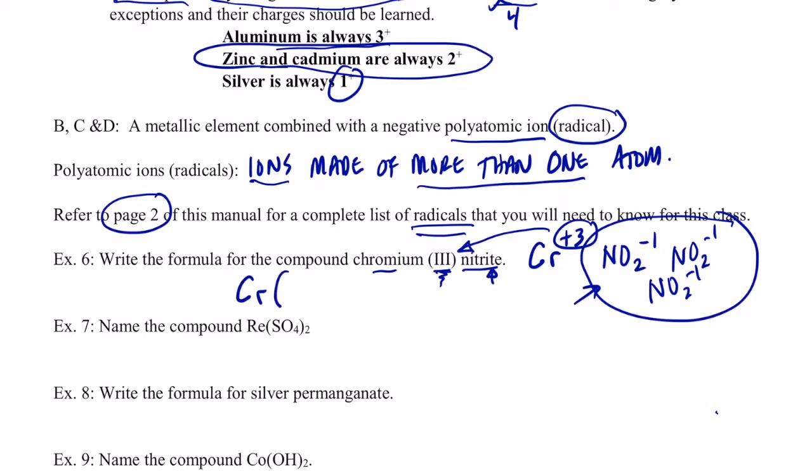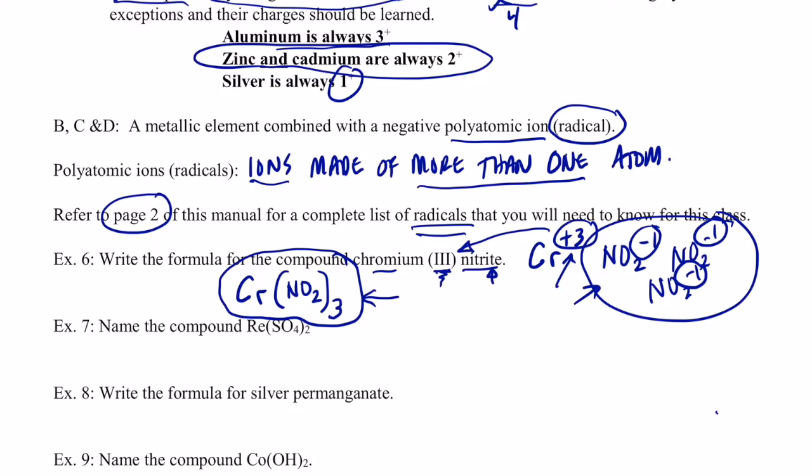So what I do is I put parentheses around the formula for the polyatomic ion, and then I write the number as a subscript next to it as to how many I need. And that would be the formula of chromium 3 nitrite. Notice there's no charge in the formula. There's no positive or negatives left in this formula. They've been canceled out. The +3 has been canceled out by these negative charges of my nitrites.